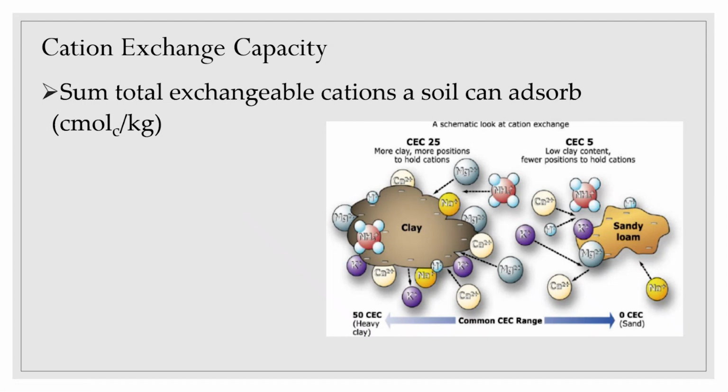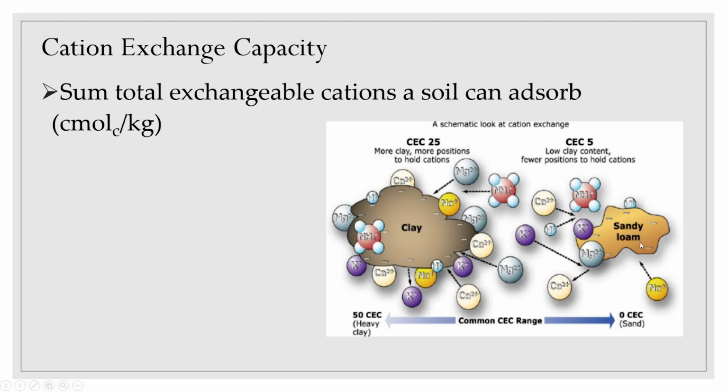All right, so back to cation exchange capacity. I just want to drive this point home about pH and cation exchange capacity. So here we have our sandy loam soil, low surface area, low CEC, cannot hold on to a lot of cations.